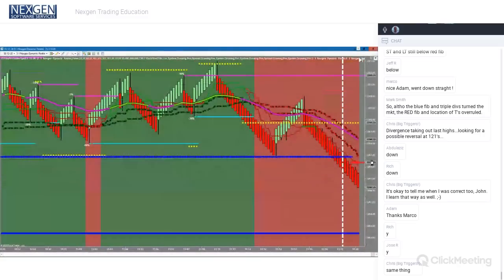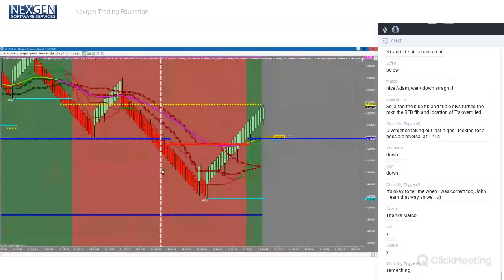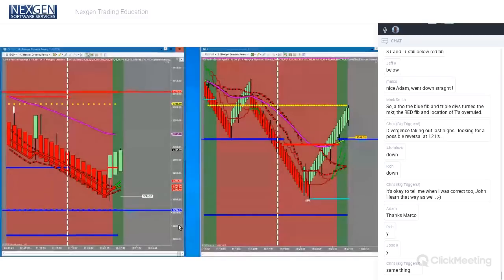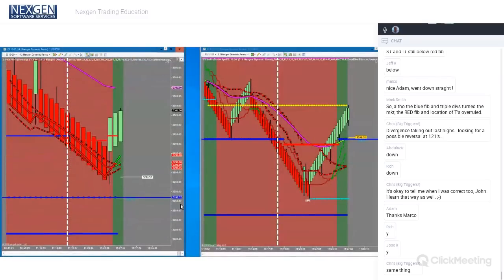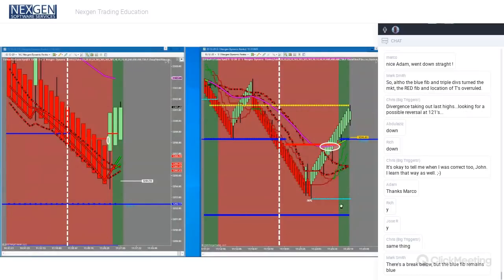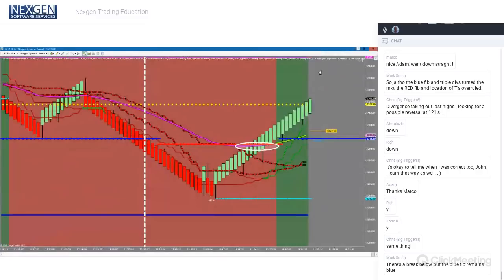And then ultimately, once we break below, it's just a mess now. You can see the thought, which is you still want to go short, but it's kind of short-lived. You get a little divergence.